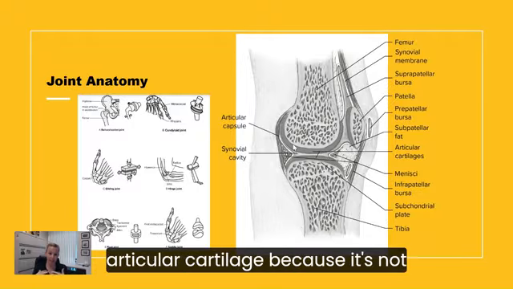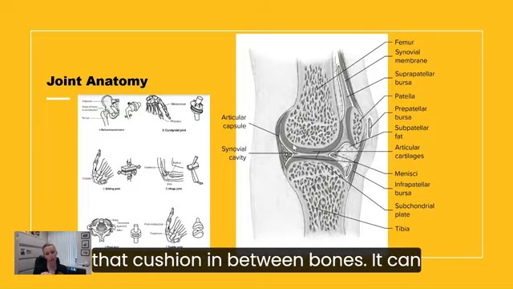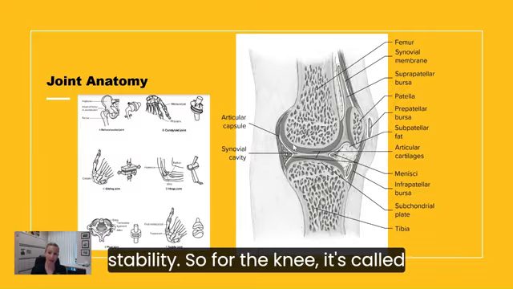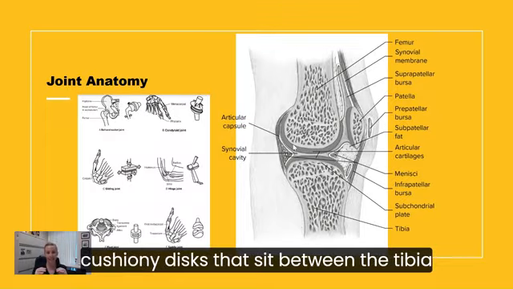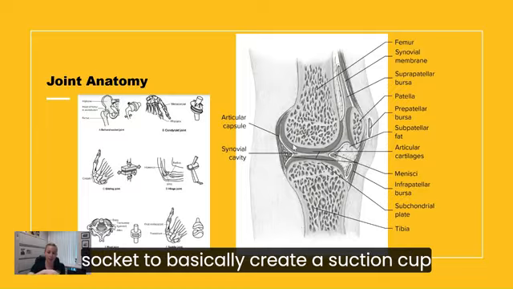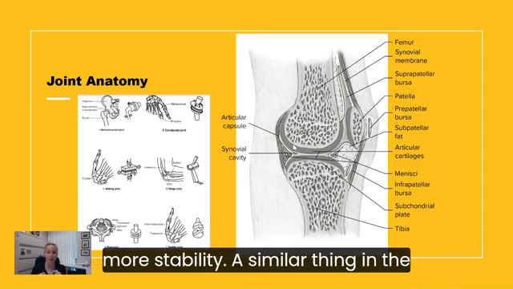Fibrocartilage is different from articular cartilage because it's not lining the bones, but it's like discs that cushion in between bones. It can also deepen sockets and create more stability. So for the knee, it's called the meniscus. And the meniscus are 2 cushiony discs that sit between the tibia and the femur, and they allow that socket to basically create a suction cup with the femur sitting on there and deepen the socket a little bit and create more stability.